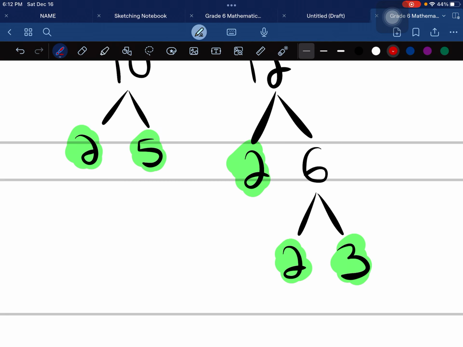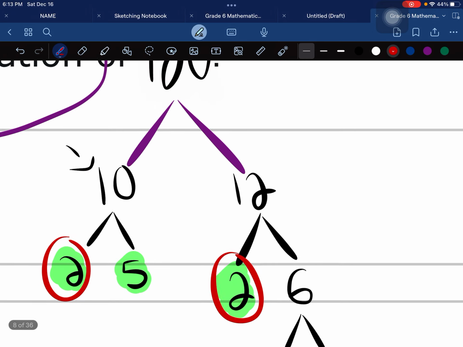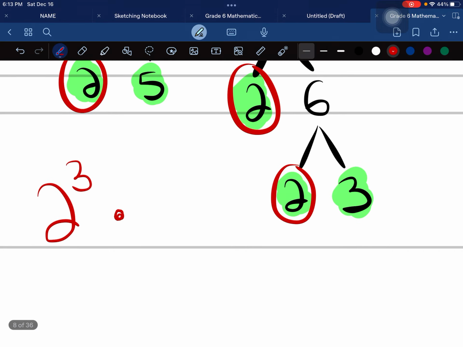Now, this means three twos, three family members. So you're going to put the two, that's the important number. Ese es el número importante, el grande. And then how many family members? Eso va arribita. Then you're multiplying. Since we're multiplying to get 120 with that, we're multiplying. So let's put this.